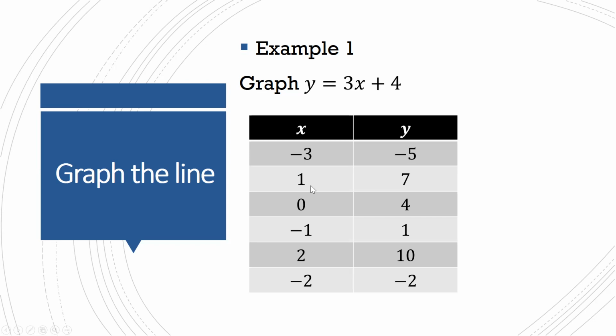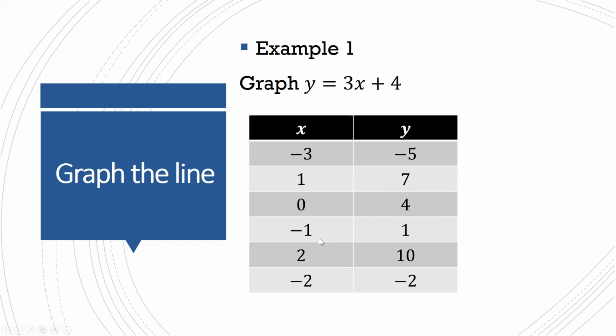When I plug in the number 1, 3 times 1 plus 4 yields a 7. So (1, 7) is a solution and a point on the line. If I plug in 0 for x, it turns out you get a 4 for y.